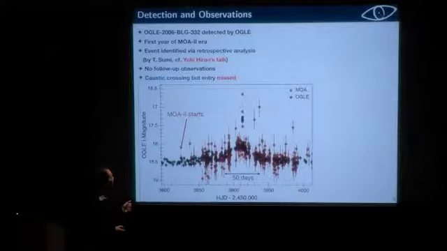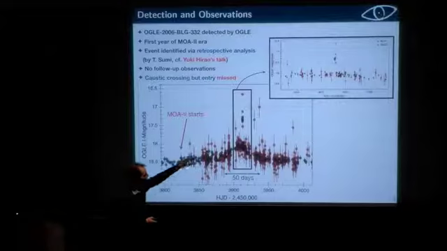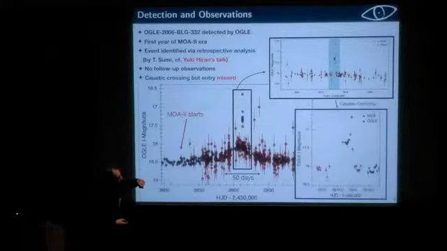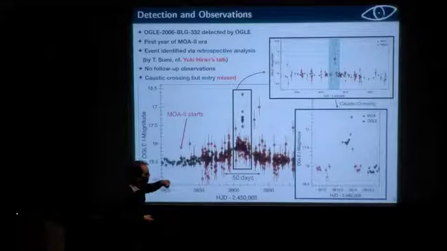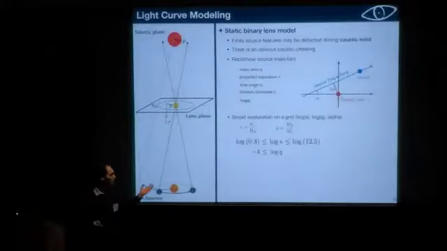If we look in a little more detail at this part of the light curve, we start to see a sudden magnification, a sudden increase in the brightness of the target. And if we zoom in again, we recognize a very clear feature, which is characteristic of caustic crossing. So yeah, you all know that.